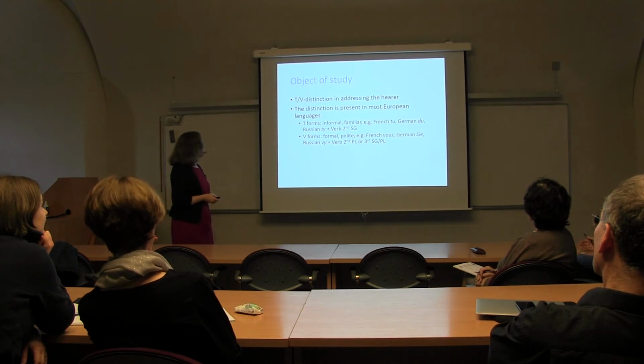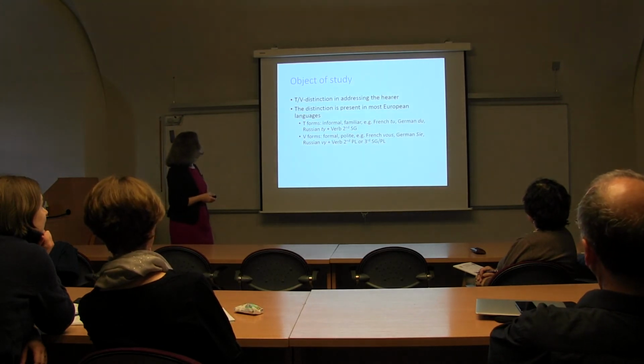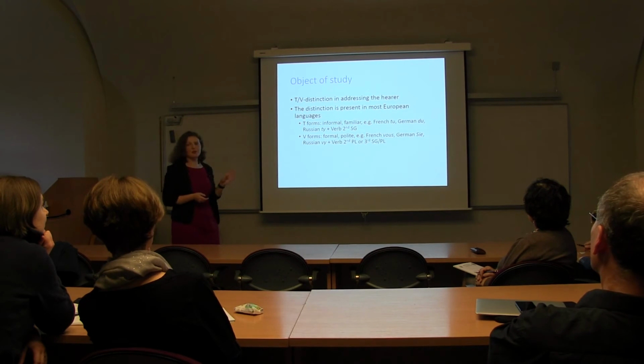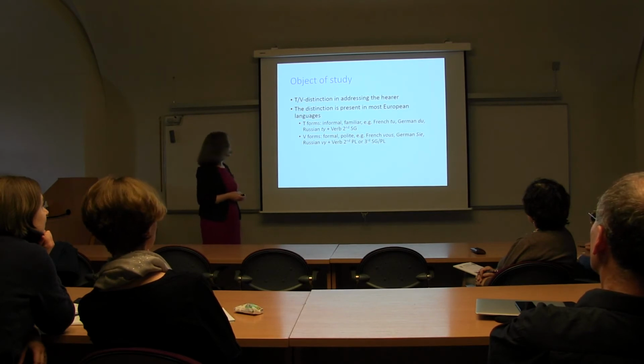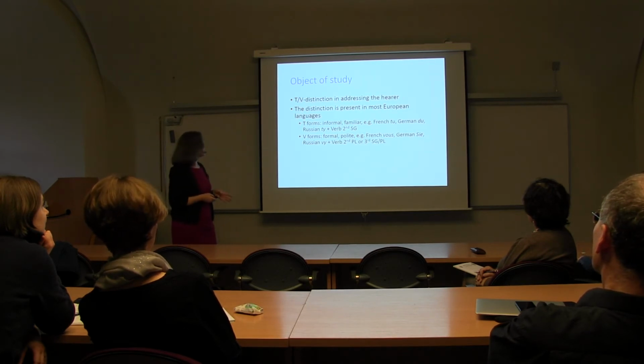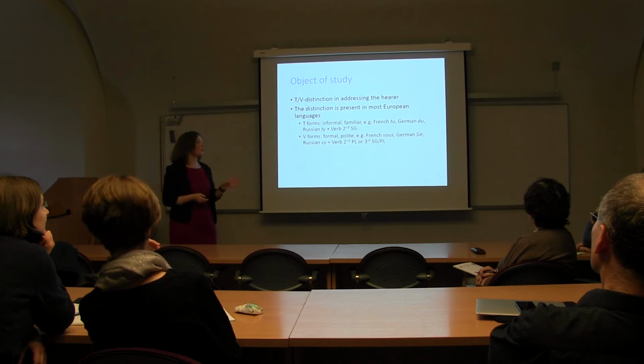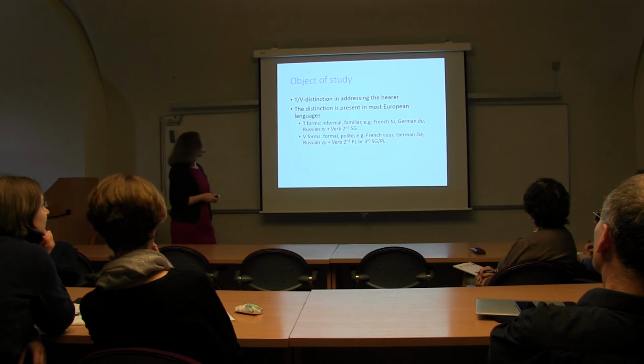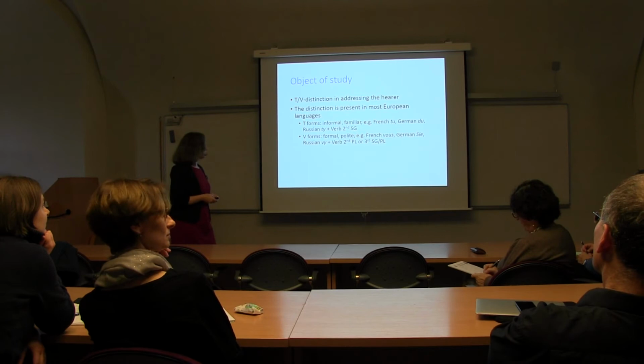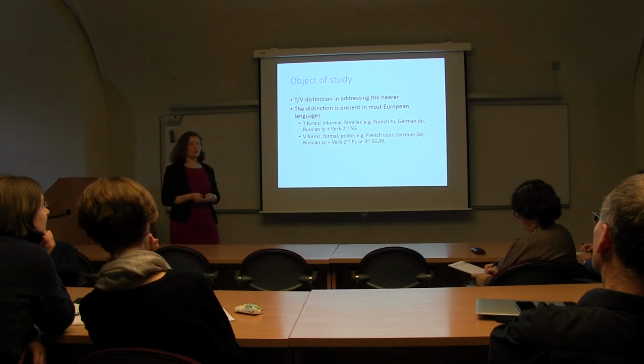Okay, so the TV distinction in addressing the hearer is present in most European languages. The T forms are those forms that are informal and familiar, like French tu, German du, Russian ti, and they always agree with the verb in the second person singular form, right?